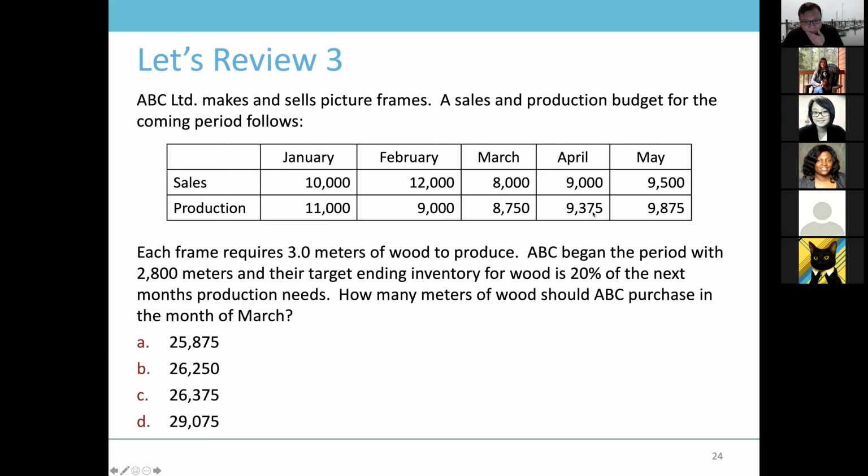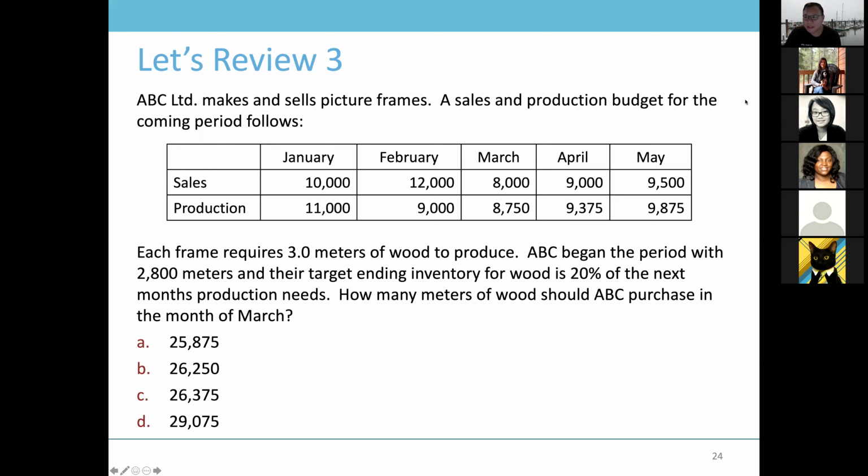And then subtracted February's 20%. But I think I did it wrong. I think I'm supposed to use February, March, and April, not March and April. This is about how many ABC should purchase in the month of March, right? Yes. I think when I calculated, I used March and April. I didn't use February's beginning inventory. That's where I think I made a mistake.